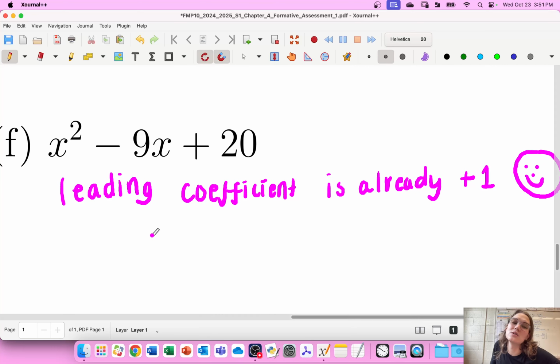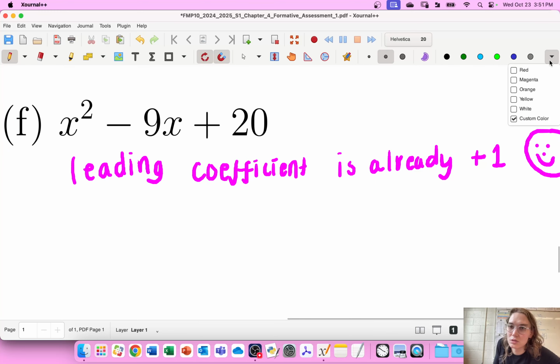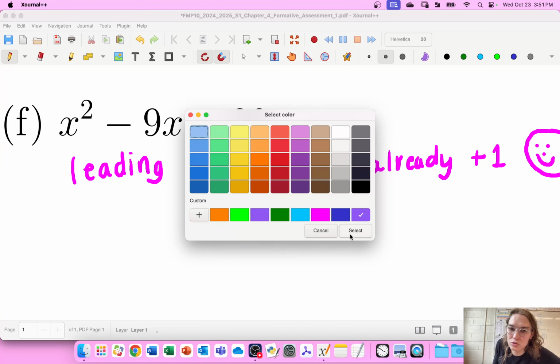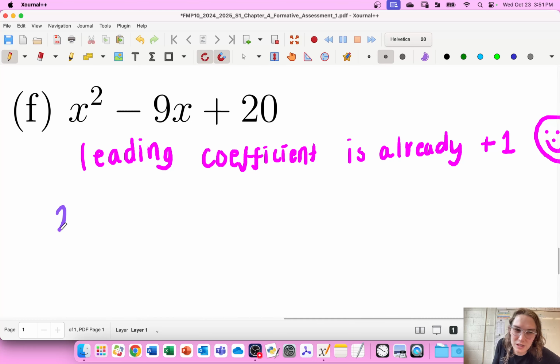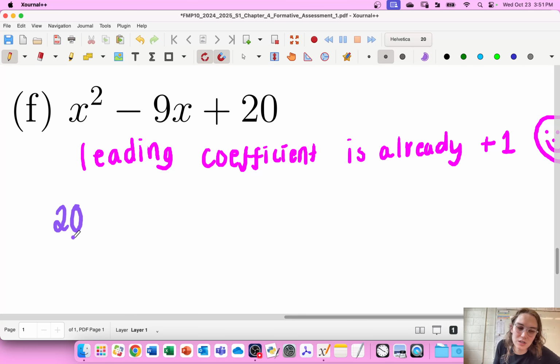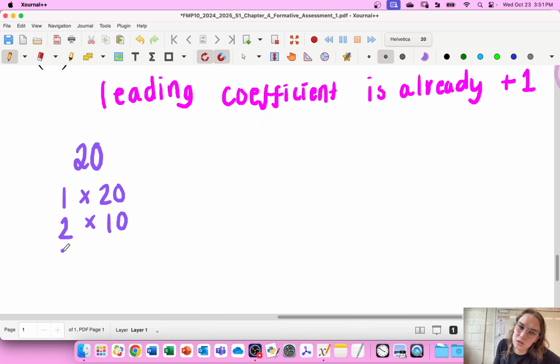And then it's just regular old trinomial factoring by inspection. Multiplies to 20 and adds to -9. Well, 1 times 20, or 2 times 10, or 4 times 5.